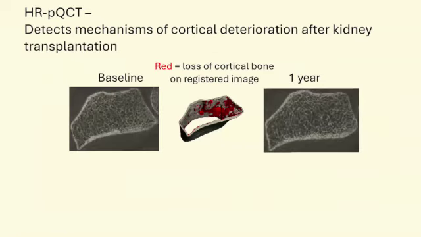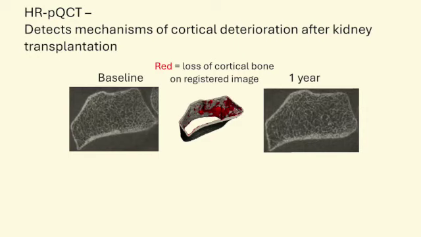And then feeding off that work, we evaluated in a kidney transplant population what was occurring over the first year of kidney transplantation when there are tremendous metabolic shifts that historically have been associated with bone loss in this group of patients.